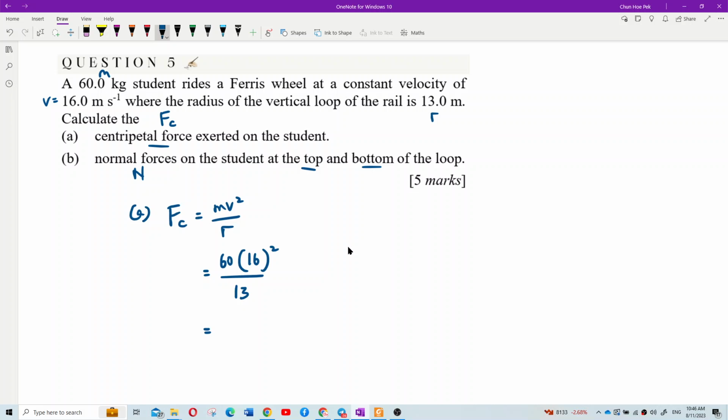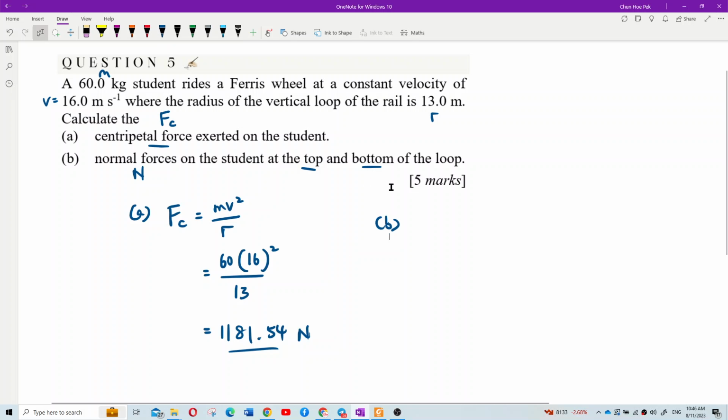So the answer is mv square over r, radius of the loop. Yeah, it's correct. So 1181.54 Newton. Okay, question B.